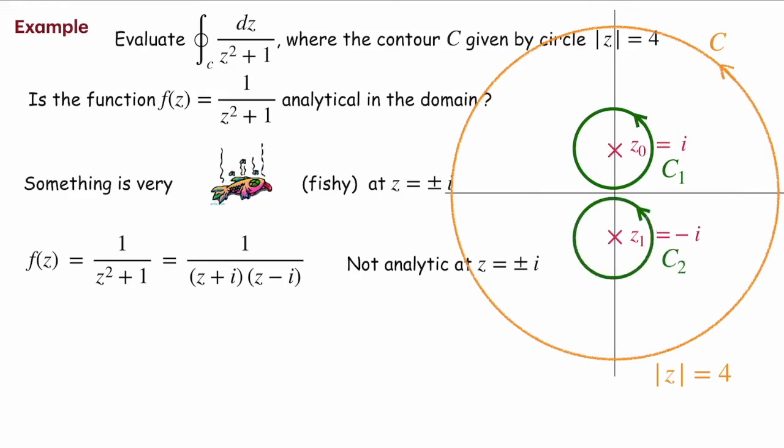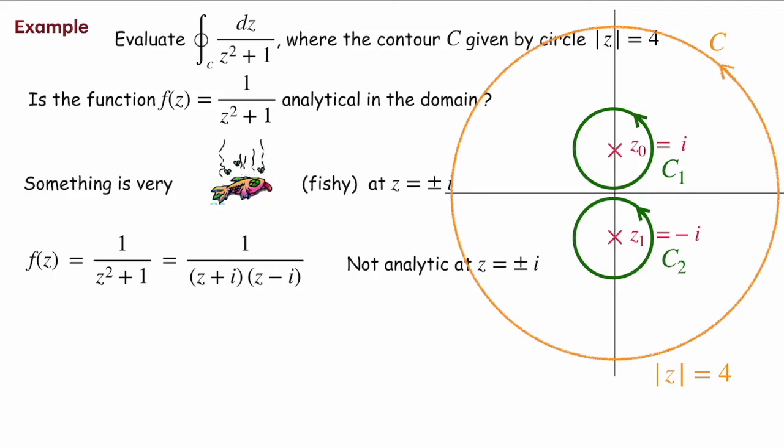So we form these contours C1 and C2. These two contours completely cover the points which are non-analytic, and we have the region which is exterior to C1 and C2 and interior to C, where the function is completely analytic, and we are to evaluate the contour integral over the contour C.